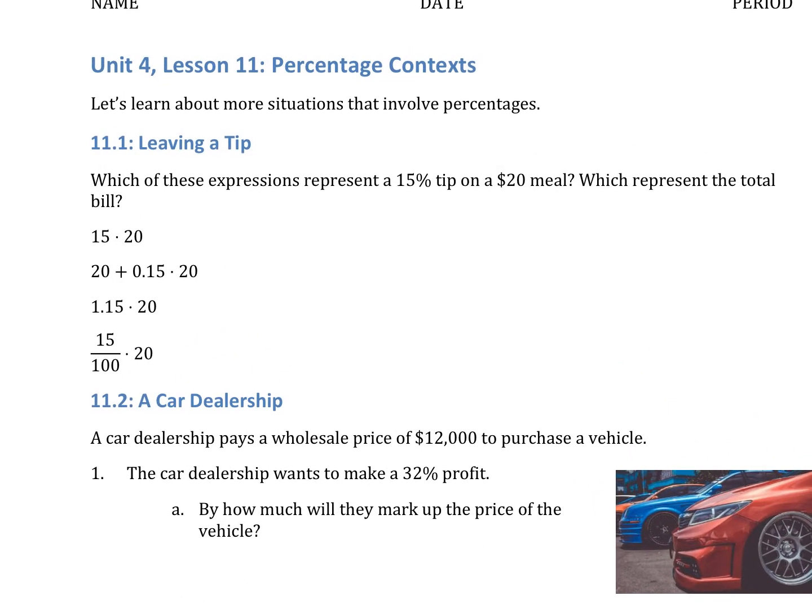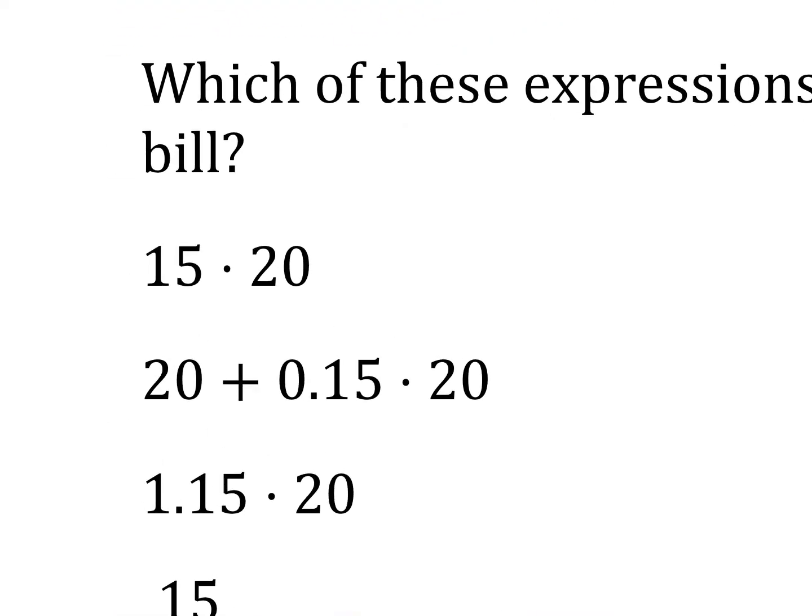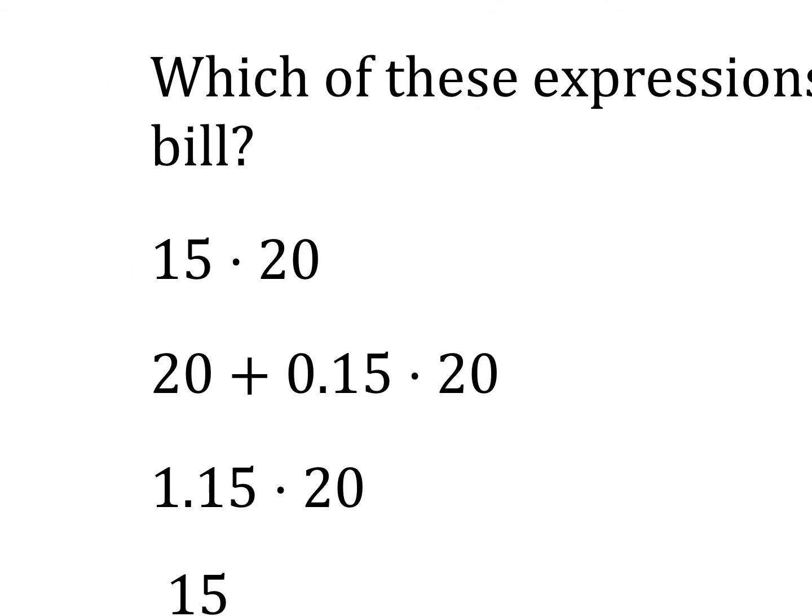This one says, which of these expressions represent a 15% tip on a $20 meal, and which of them represent the total bill? Let's analyze each expression. The first one says 15 times 20. This would be okay if we took 15 out of percentage form.